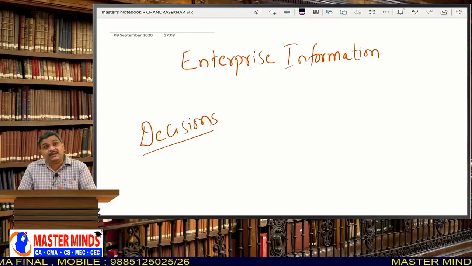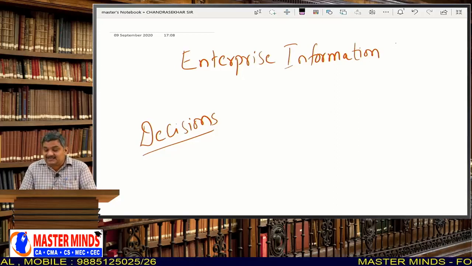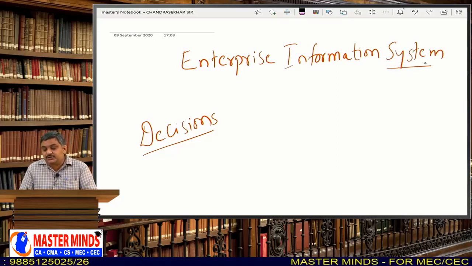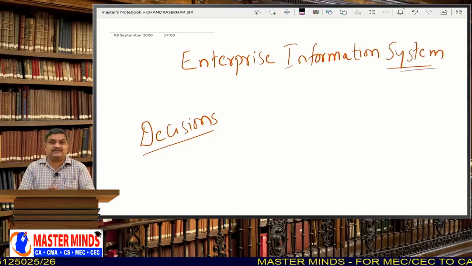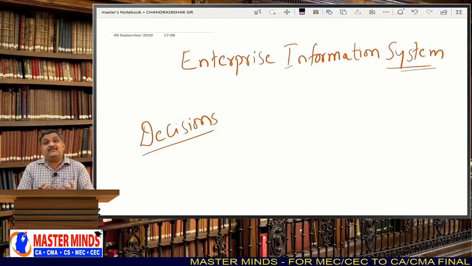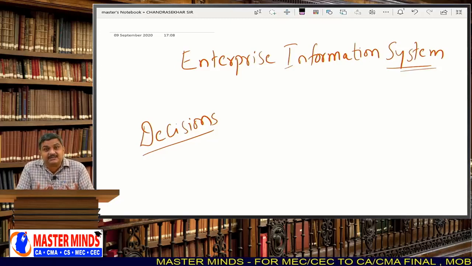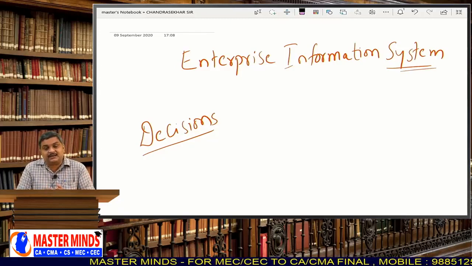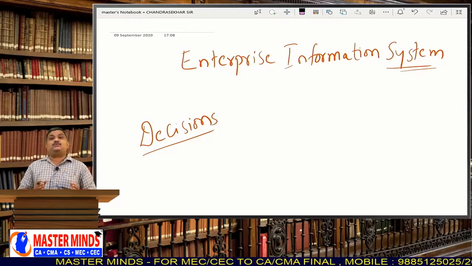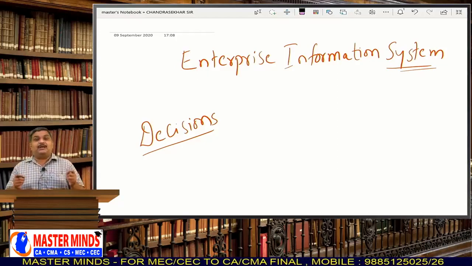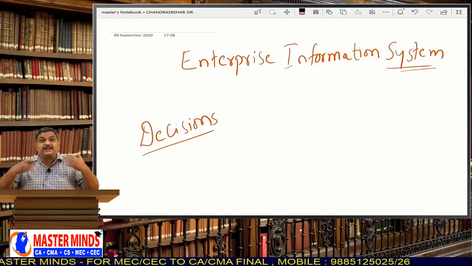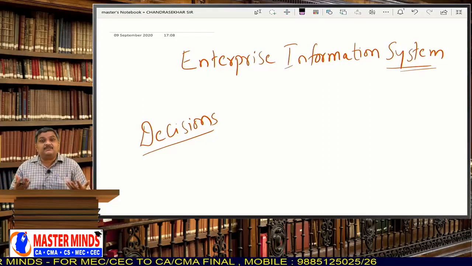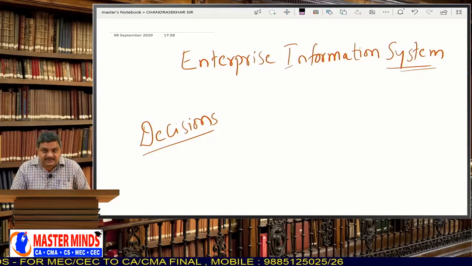Every organization has to set up a system. Every organization should set up some components in order to make information available to the decision makers in an enterprise. Every organization has to set up a system which generates information for the sake of decision makers.